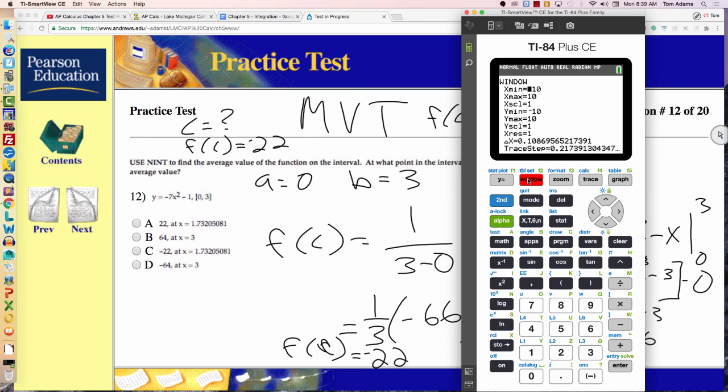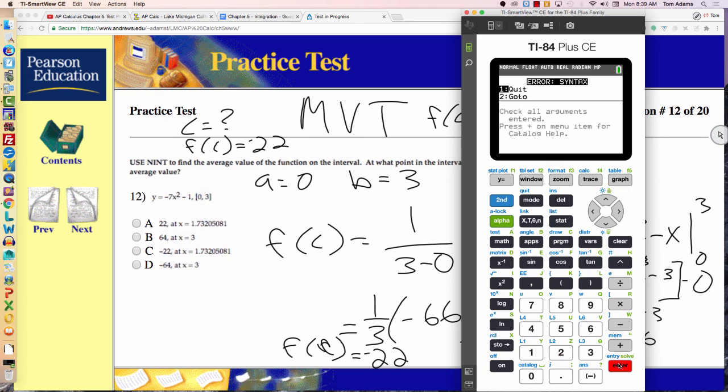So then I gotta set my window up a little bit. We're gonna have to go down to at least negative 22, so I'm gonna put like negative 25, and y max we can make 0. And I don't need all of this for my x values because I'm only going from 0 to 3 in my x direction. So let's graph it.